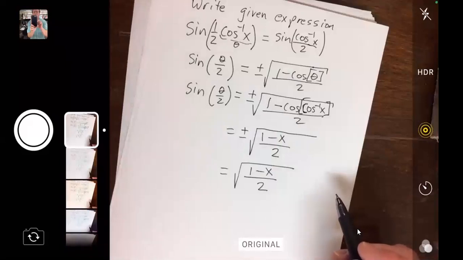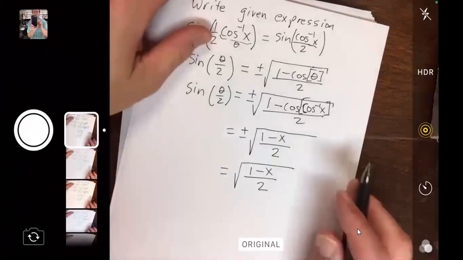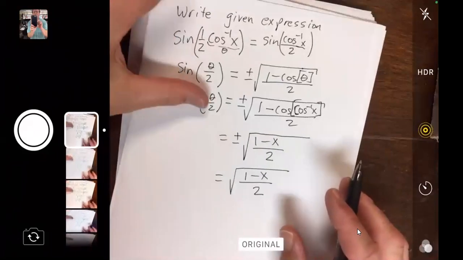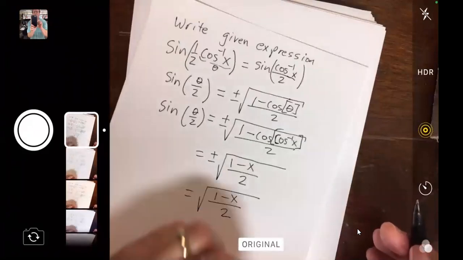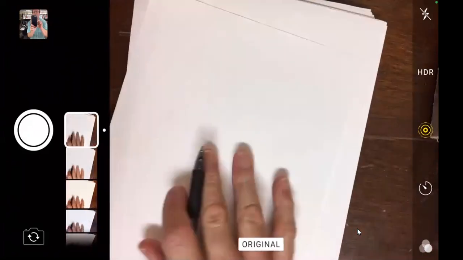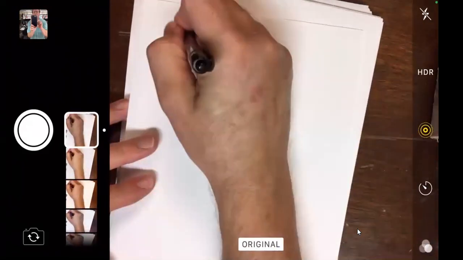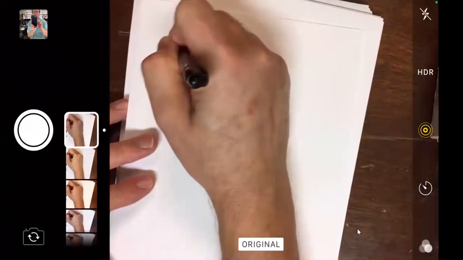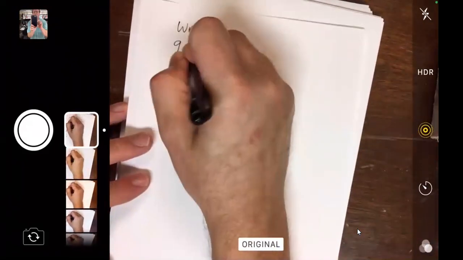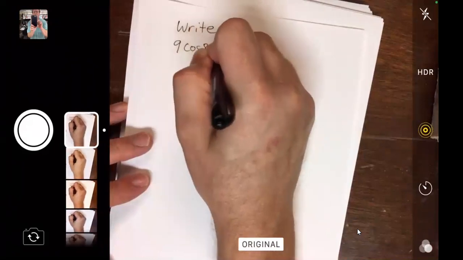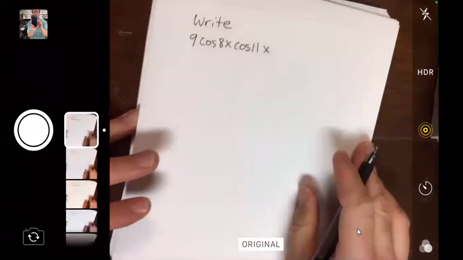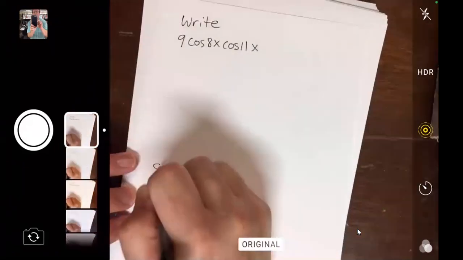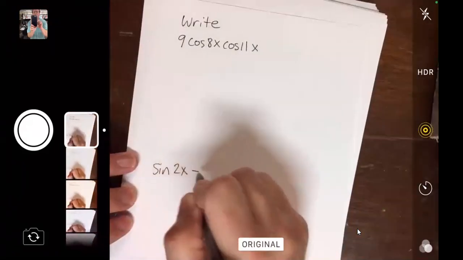These next two questions say write the product as the sum. The two different expressions are 9 cosine of 8x times cosine of 11x, and then the other problem is sine of 2x minus sine of 5x.